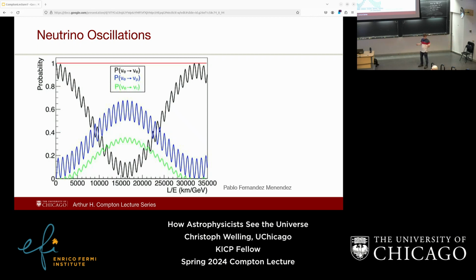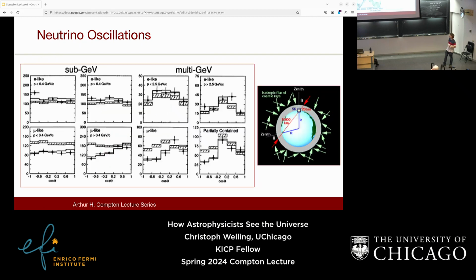And the same could have happened to the muon neutrinos from the air showers. But, is there a way to test it? And it turns out there is, because you can see this depends on the energy and the distance. And with Kamiokande, just from the direction that this Cherenkov ring we're seeing is pointing, we can tell where the neutrino came from.